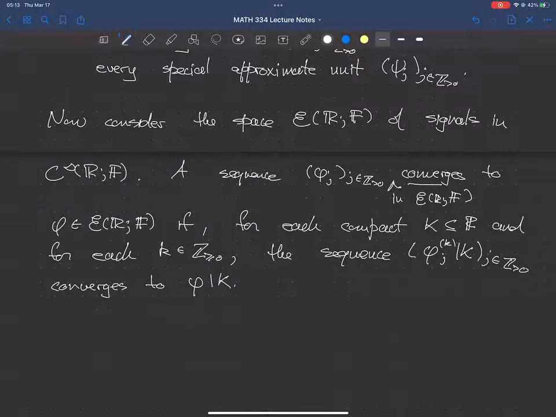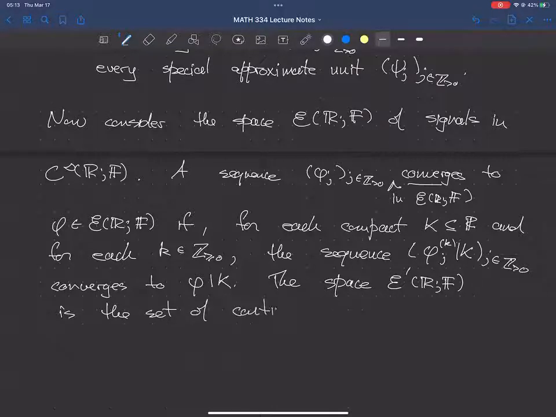Okay, so the space E prime is the set of continuous linear mappings theta from E.